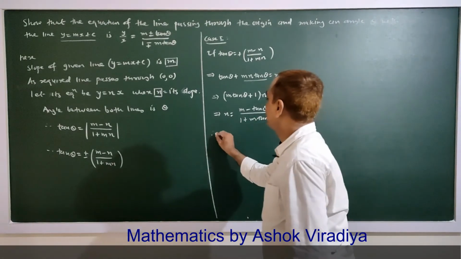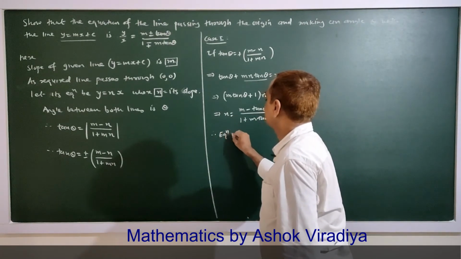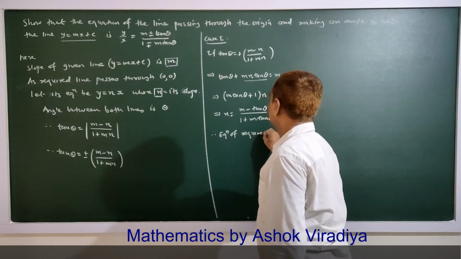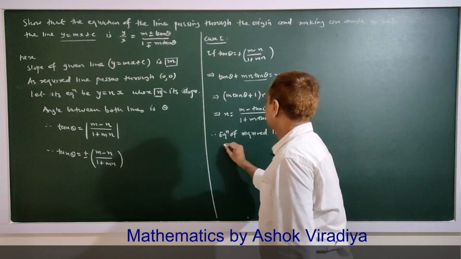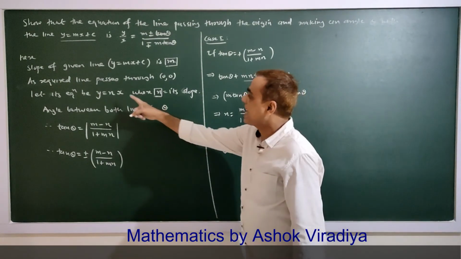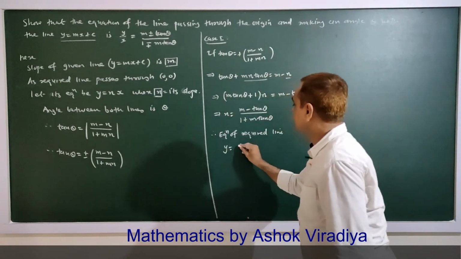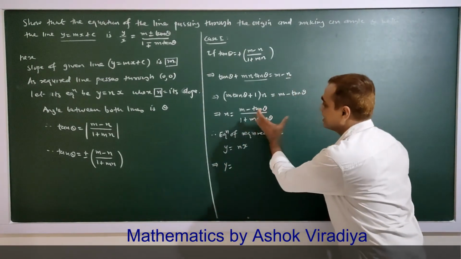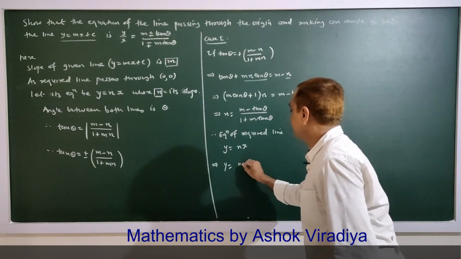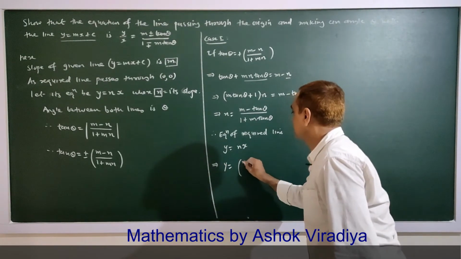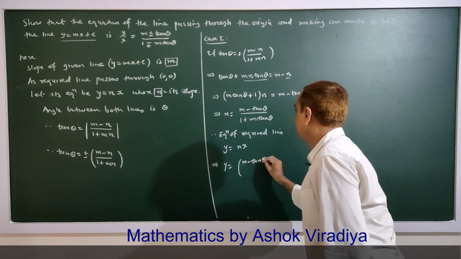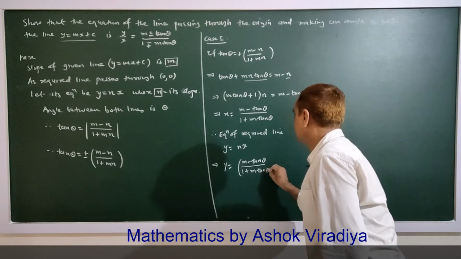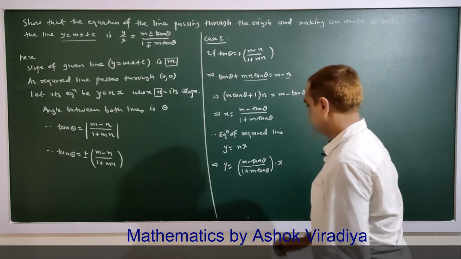This is slope of required line. So equation of required line is y equal to nx. Y equal to nx implies y equal to, now I am putting this value, n is m minus tan theta upon 1 plus m tan theta into x.